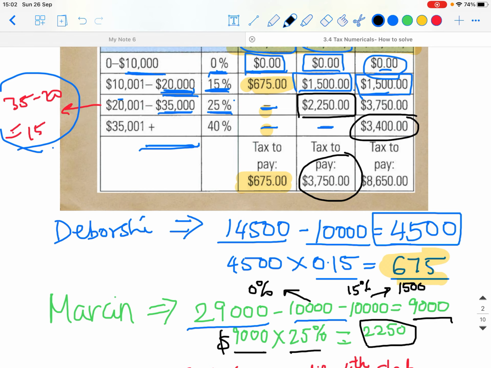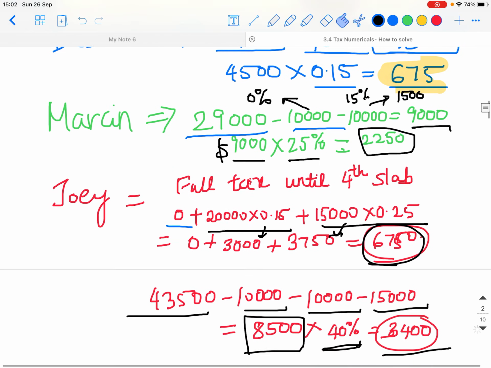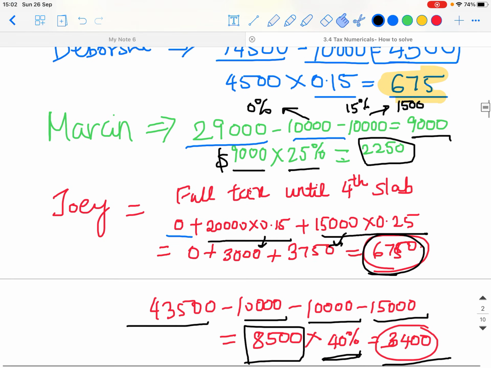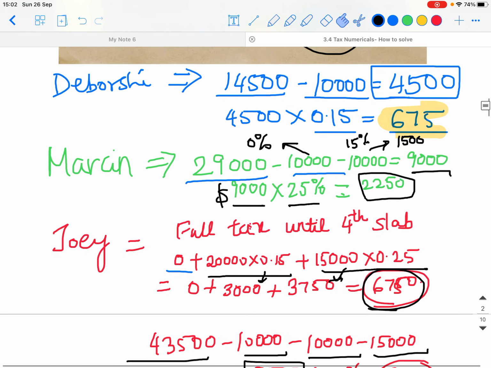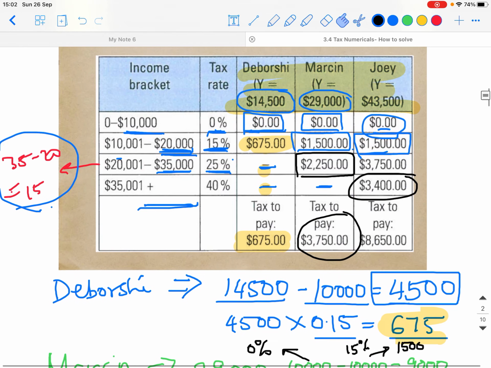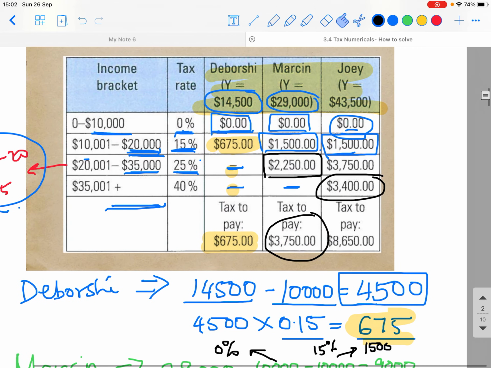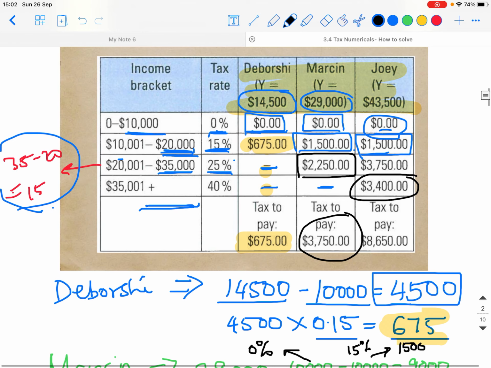And 3,750 over here was there. So the total is 8,650. Now in this way we have calculated what each of these people has to pay as tax.